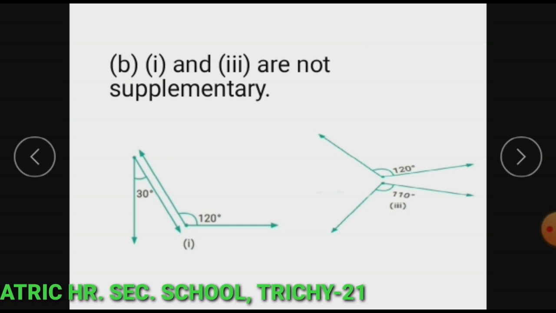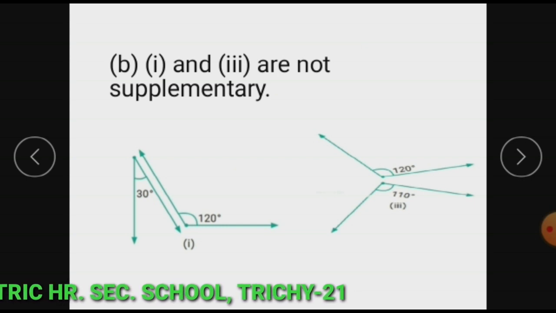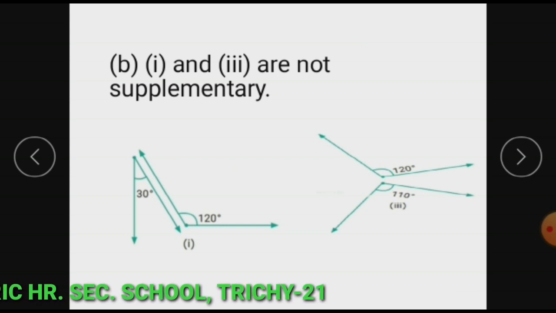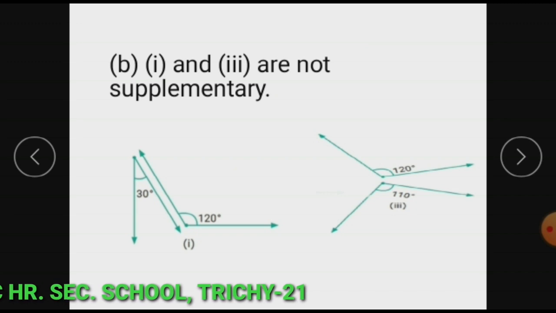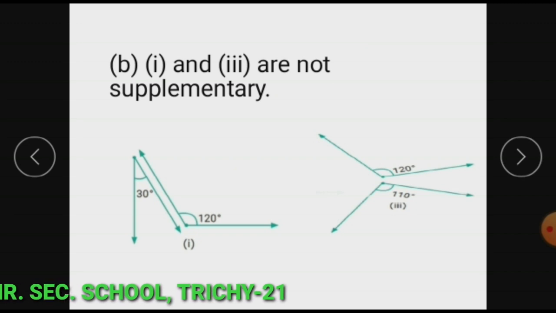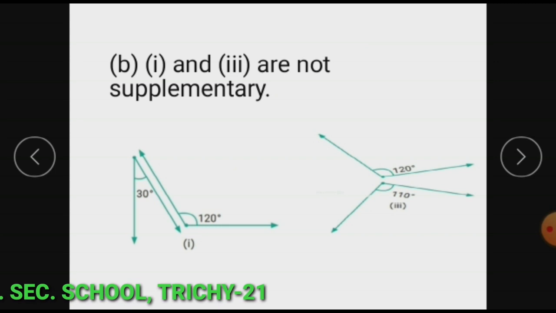Figure 1 and figure 3 are not supplementary, because the given angles in figure 1, 30 degree and 120 degree, only give 150 degree, which is not equal to 180 degree.